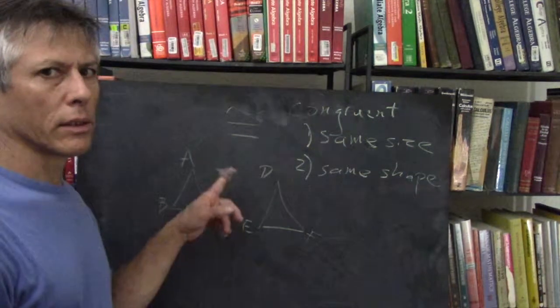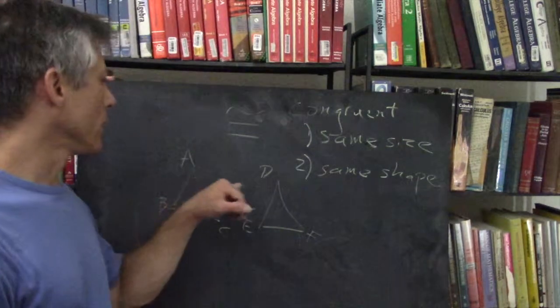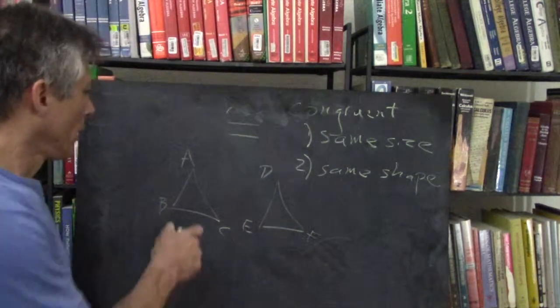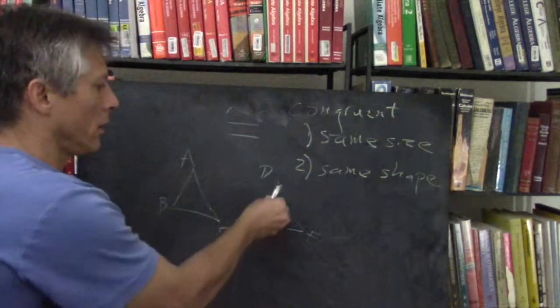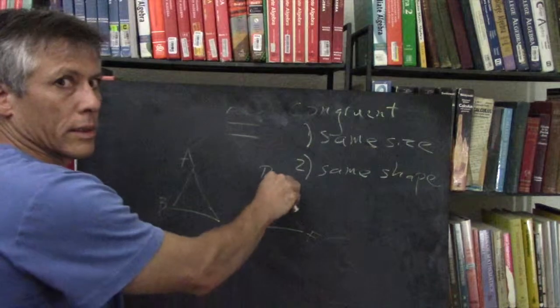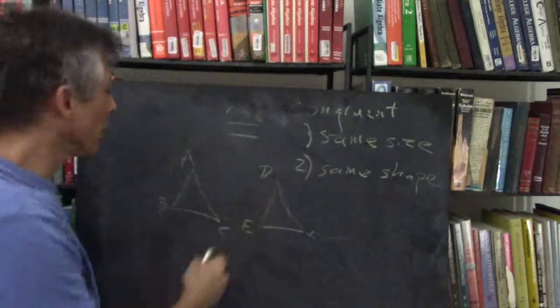If ABC is congruent to DEF, then that means angle A is congruent to angle D. Remember, this is an angle. It's two rays joined at a vertex, and we measure an angle by the amount of rotation.